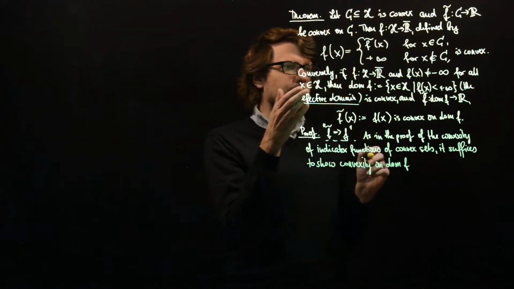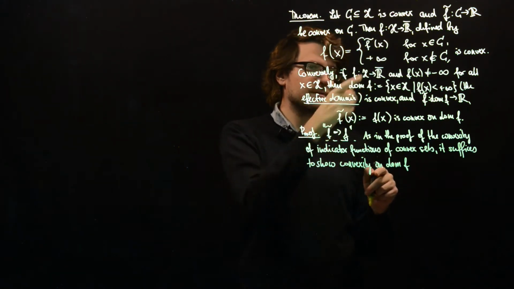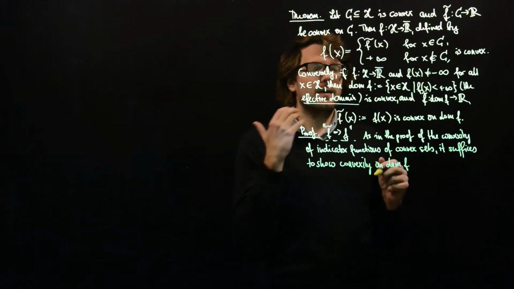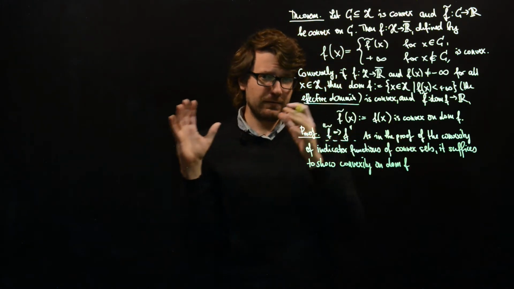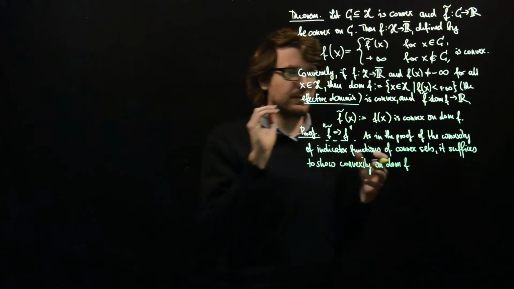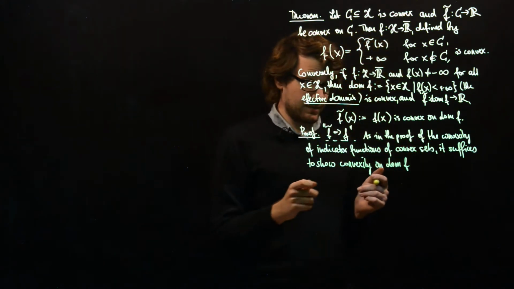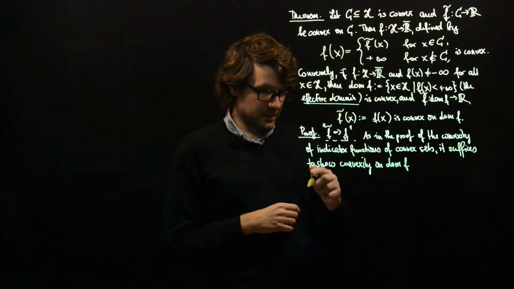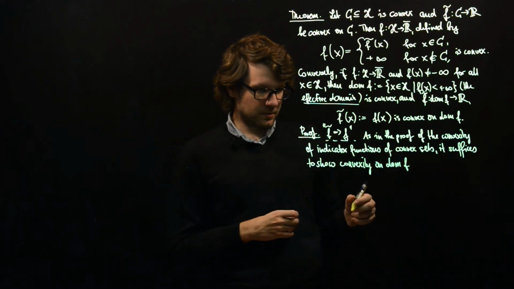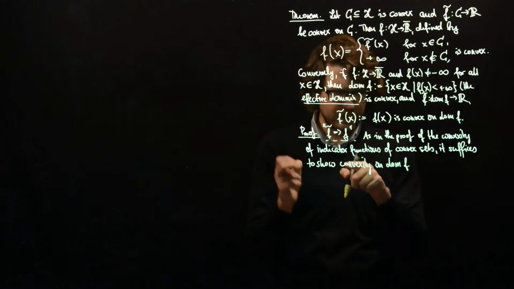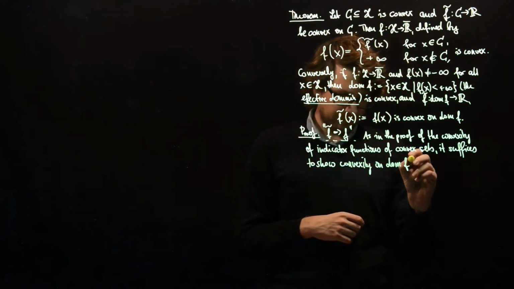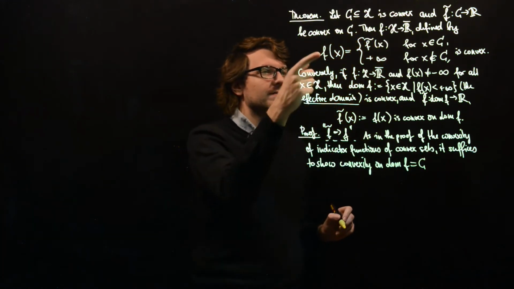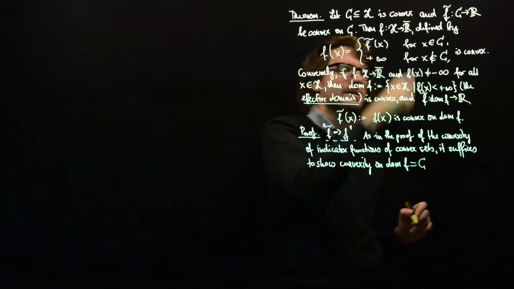So whenever the value of f is plus infinity on one of the points on the right hand side, then obviously we have to show that something on the left hand side is less or equal than plus infinity, and that's always the case. Everything is less or equal than plus infinity. So it suffices to show convexity on dom f. But this is actually C. So there is nothing to prove because convexity on C is already assumed.